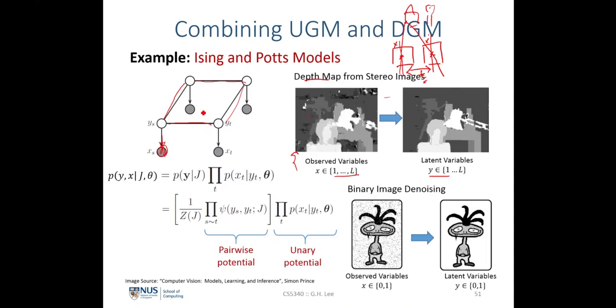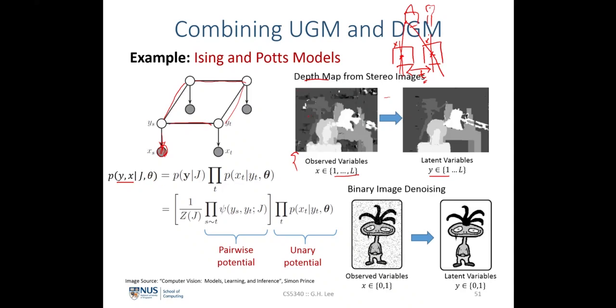And in this case, we want it to be smooth in terms of the labels. This means that we want to add a prior to encourage smoothness between the neighboring pixels. As a result, we can rewrite this into the factorization over here. We want to model the joint probability of x and y conditioned upon all the parameters, which we call j and theta.